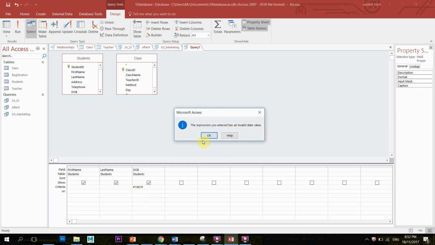So the expression is invalid, and the reason why it's invalid is because there are no dates with just 1991. It actually has the day and the month. So to do that, the person can be born between January and December.